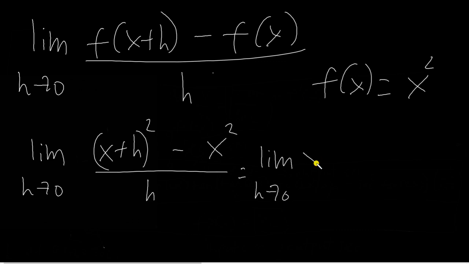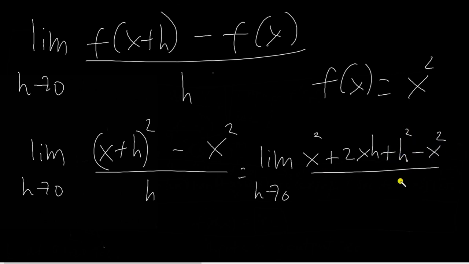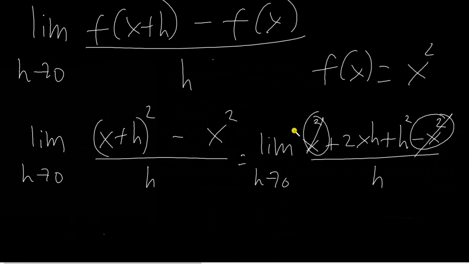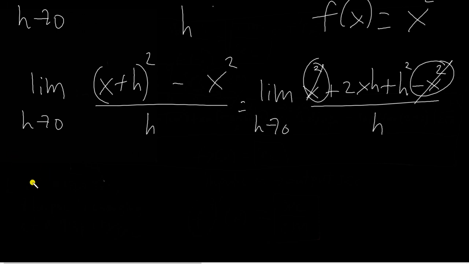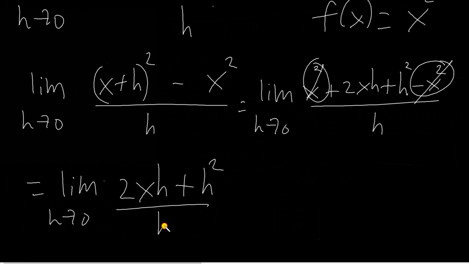This is going to be x squared plus 2xh plus h squared minus x squared over h, and then this x squared and this x squared cancel with each other, and then we get the limit as h approaches 0 of 2xh plus h squared over h.